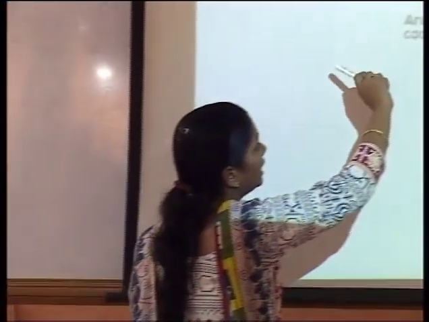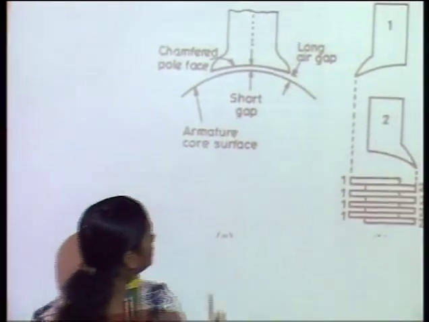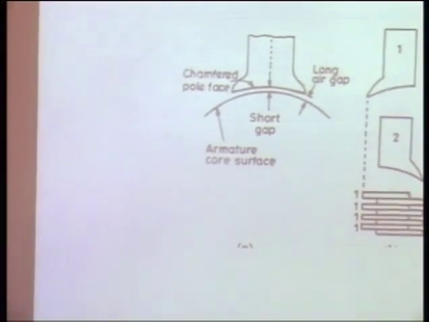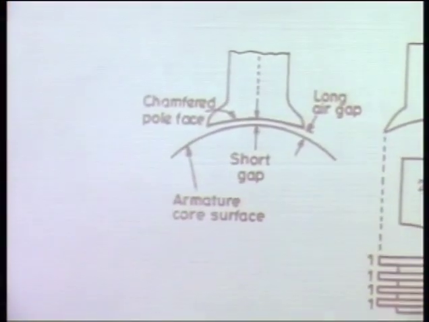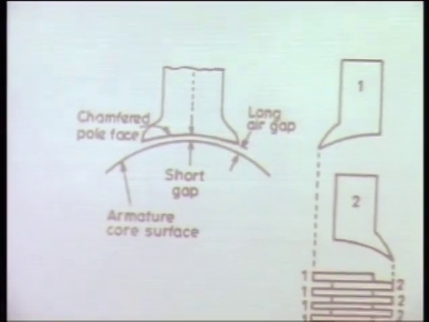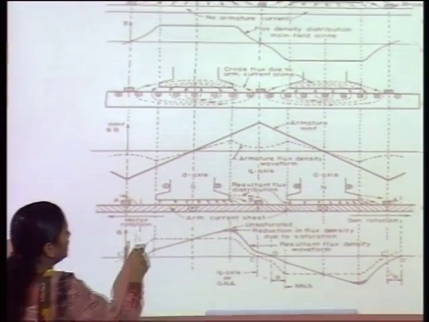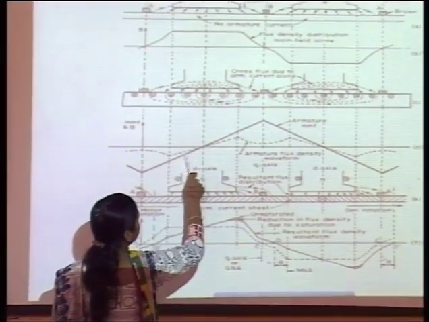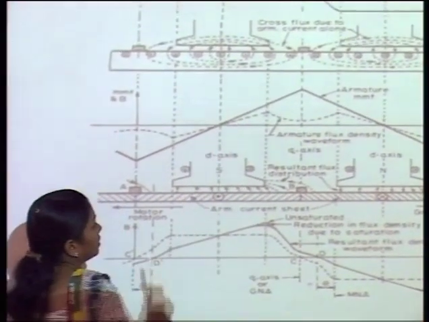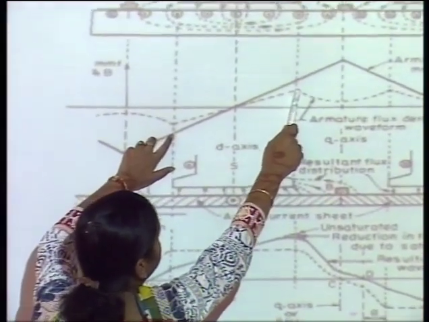In the diagram, I have considered that under the pole the air gap is uniform. So, if the air gap is uniform under the pole, the reluctance provided by the air gap will also be constant. But if we look at this diagram, the effect of armature flux is very less in the center of the pole, but it is quite high under the pole tips.